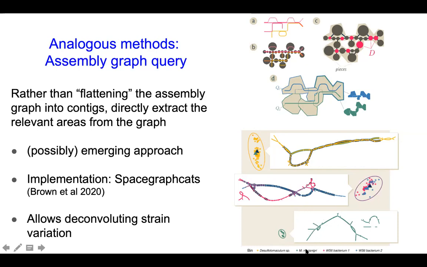When you go from your graph, like here in the bottom, to your contig sequence, these bubbles and loose ends get resolved, which means you pick one and the rest gets lost. And what Brown et al. showed is that if you look at the graph, you can still get a lot of variation that is present in the graph but lost in the contig, and you can use that in your analysis.